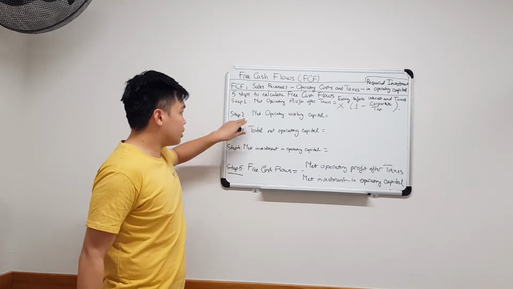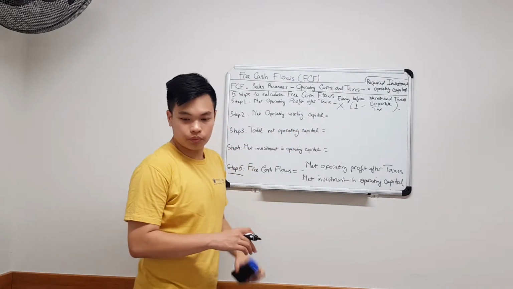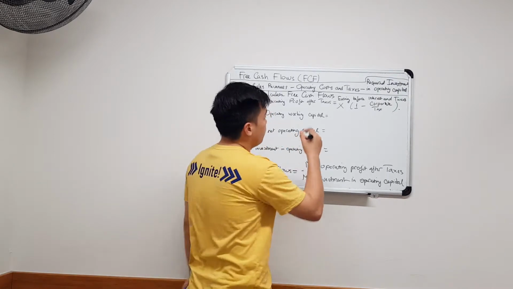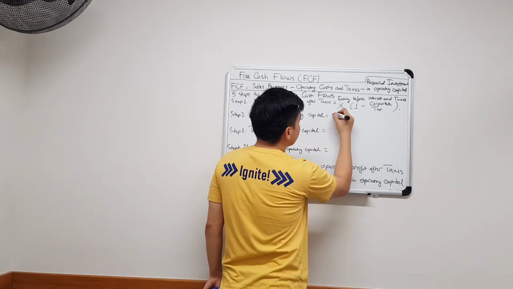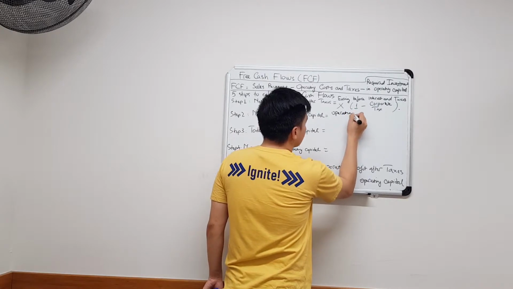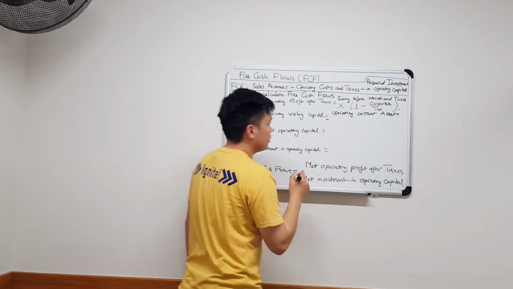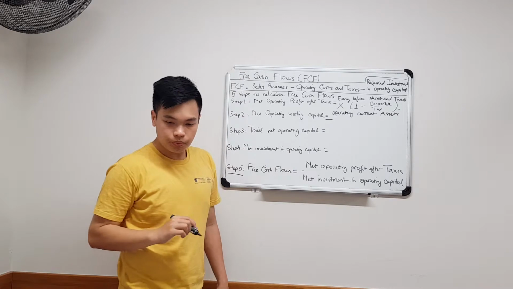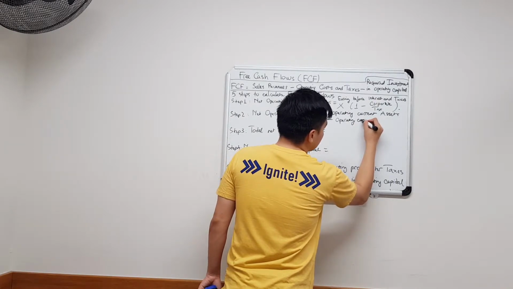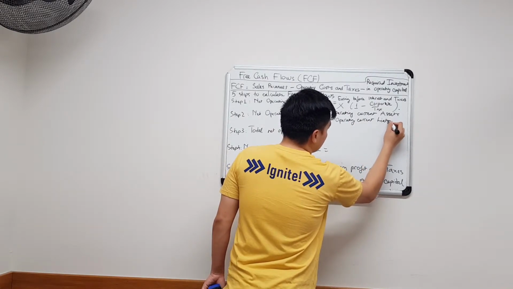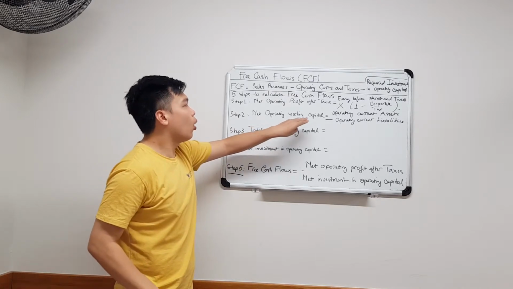The second step, we need to determine net operating working capital, which is equal to operating current assets minus operating current liability.